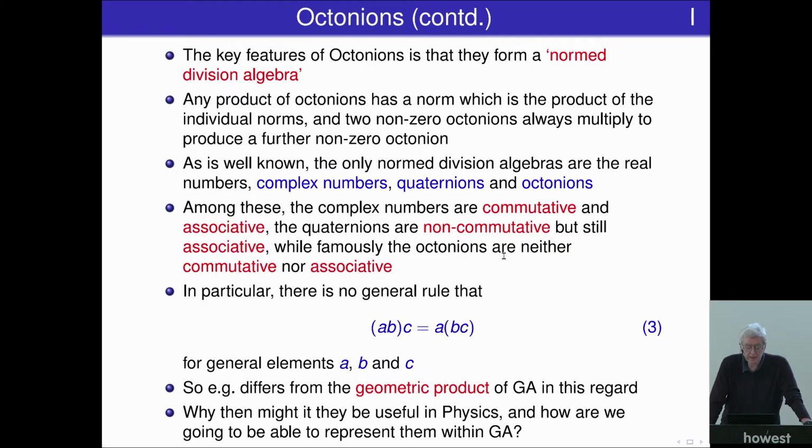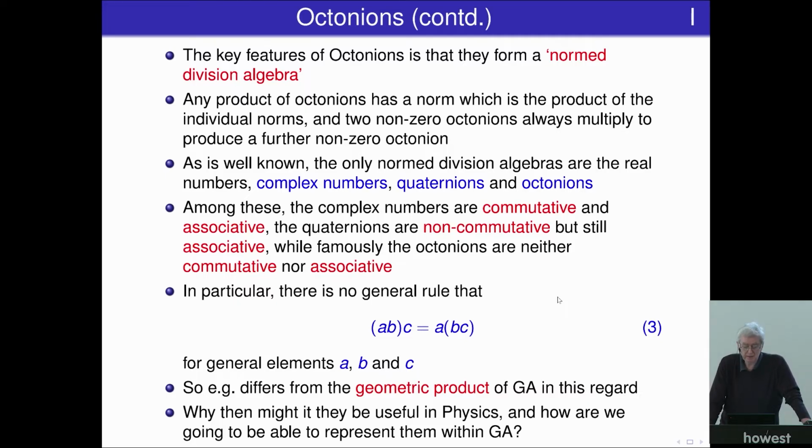And I've already said this, that the octonions have this feature that they're neither commutative nor associative. And so in particular, there's no general rule that AB times C is the same as A times BC. And it differs, of course, fundamentally from the geometric product of GA in this regard.